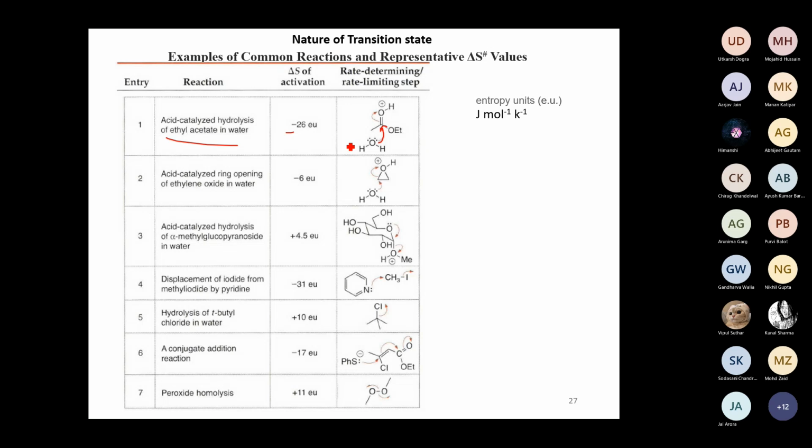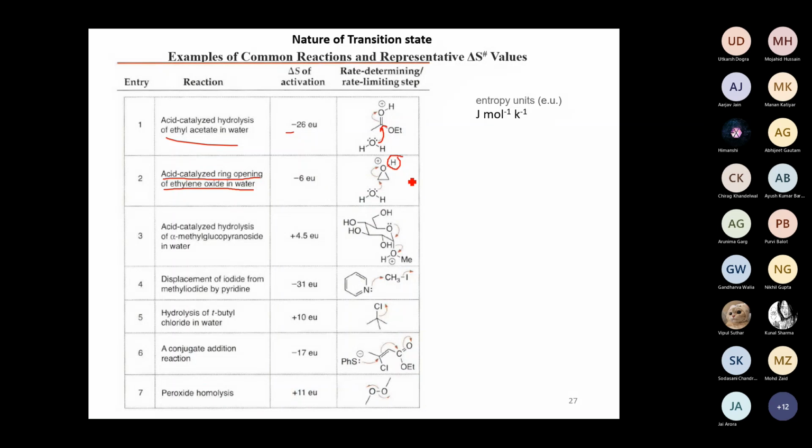Okay, all the examples are given, and the answers are given here. I think I should omit them and ask you, but anyway, you can see the second example, the acid catalyzed ring opening of ethylene oxide in water. This is a similar kind of reaction. First the acid will bind H plus.